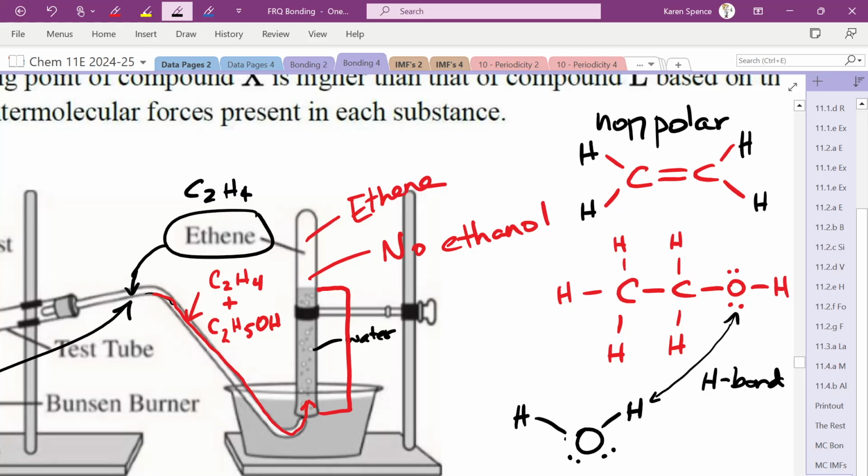The other water molecules or the ethanol are attractive to water, and it looks at the nonpolar ethene and says, not nice, right? It's like the ethanol and the water are magnets, yes? And the ethene is a ping pong ball. Yes, magnets will stick to magnets, and the ping pong ball will just keep going.